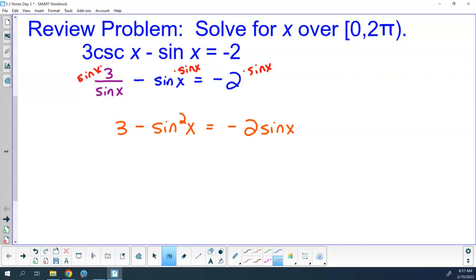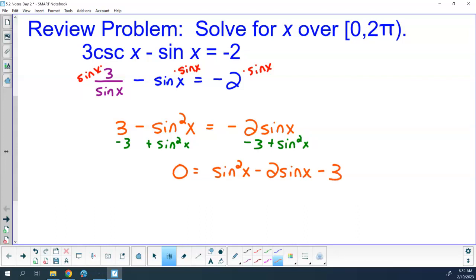Now, because I've got a squared and a non-squared in the same problem, that tells me that I'm not going to be able to get the sines on one side and the numbers on the other. That tells me I've got to put everything onto one side. So that's going to be 0 equals sine squared of x minus 2 sine of x minus 3.